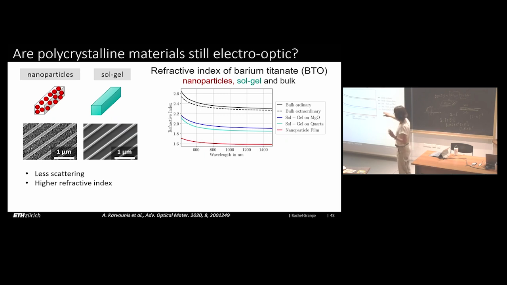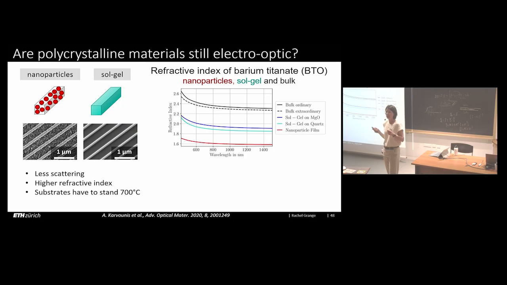When you have a sol gel, those are measurements. The refractive index goes closer to 2. Compared to the bulk material, of course, it's not as much as bulk, but it's not bad. It's also quite good at confining what you can launch into this material. The only constraint here is that there is a calcination step.